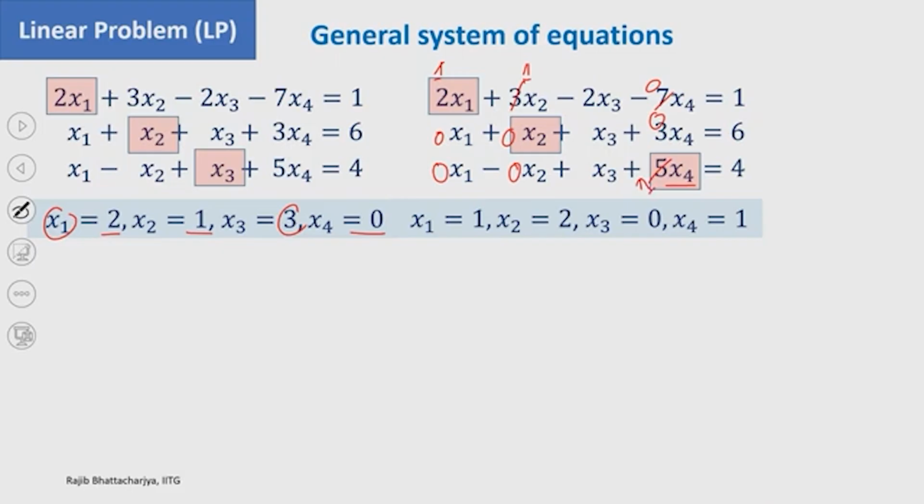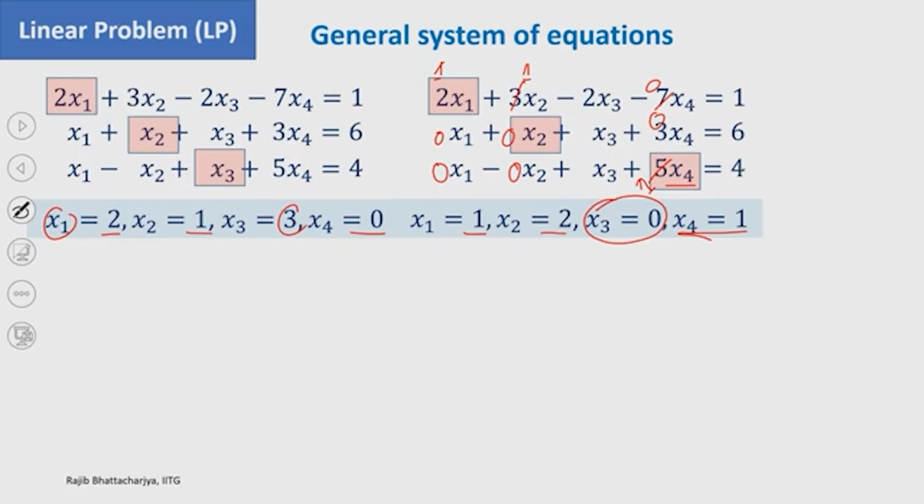Okay. So, I can do that and finally, the solution I am getting is x1 equals 1, x2 equals 2, x3 is a non-basic variable so that is 0, and x4 equals 1. So, this is another solution.